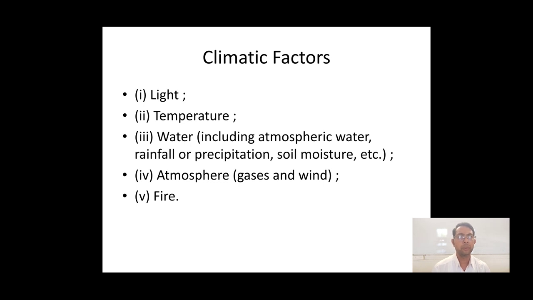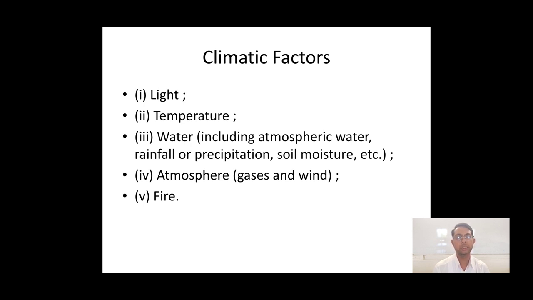Now moving to the climatic factors. The climatic factors include light, temperature, water, atmosphere and fire. These are the climatic factors as they involve climate. For example, water includes atmospheric water, rainfall, precipitation, soil moisture, and so on.